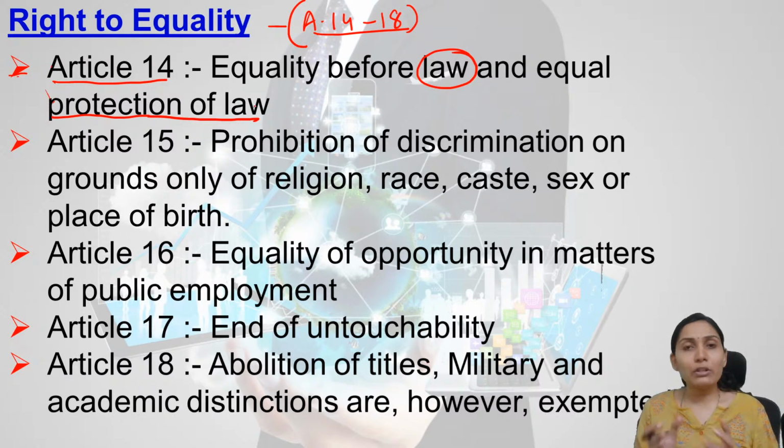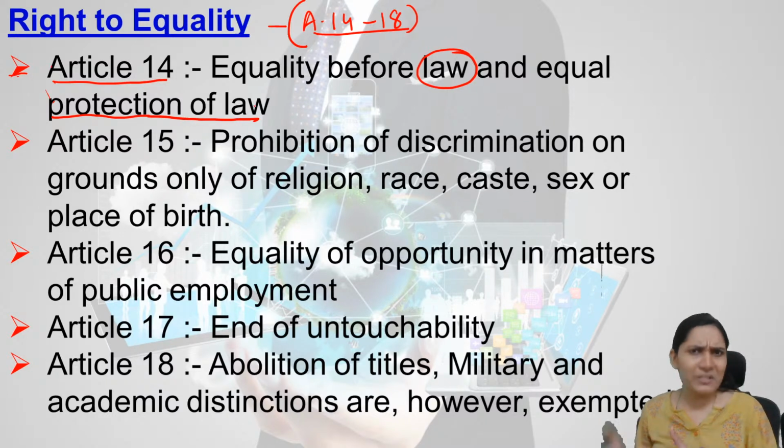Both of them will be seen equal before the law, but there are certain exceptions to it, definitely. For example, the president cannot be tried in civil or criminal cases during his time in office. Again, when the parliament is in session, an MP cannot be arrested.